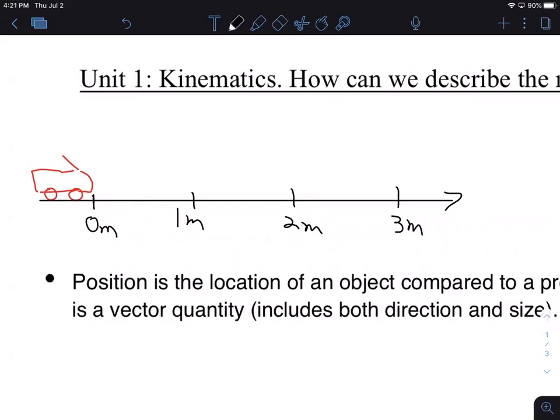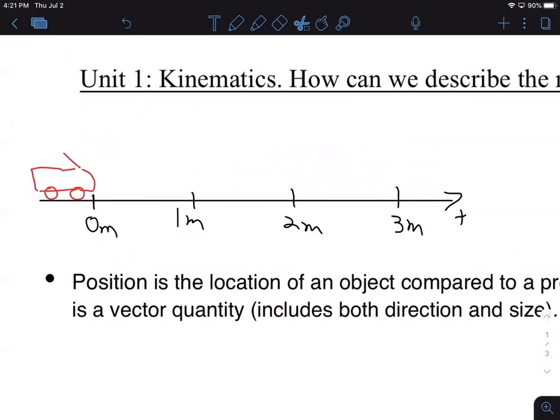As the buggy moves along, after a certain amount of time it's 1 meter to the right, or 1 meter in the positive direction from the origin, and then 2 meters, 3 meters, and so on.